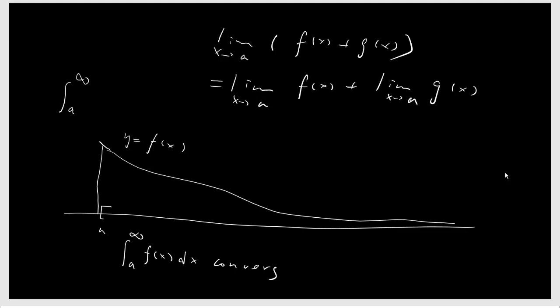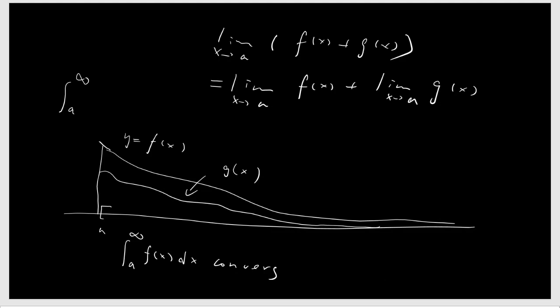If the integral of a bigger function is convergent, you imagine there's a function g of x which is smaller than the function f of x. Of course, g of x is in between 0 and f. g of x is always positive, and also g of x is less than f.